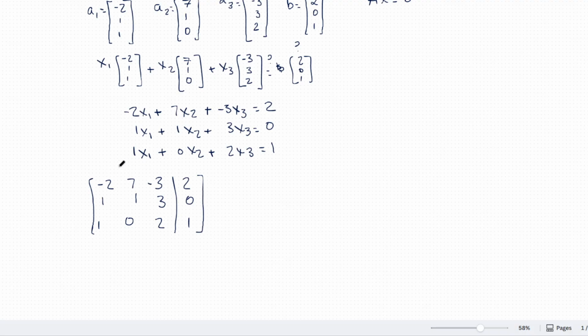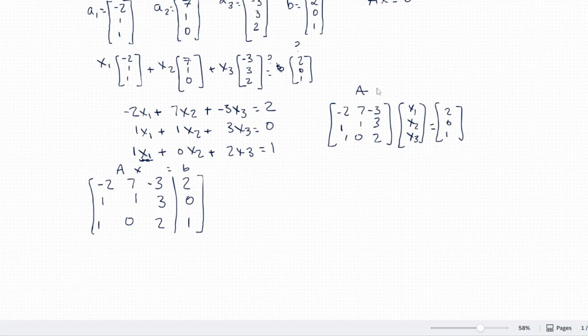So here's our matrix A times our variables of x, and then this will be b. So then we have -2, 7, -3, 1, 1, 3, 1, 0, 2 times x1, x2, x3 equals 2, 0, 1. So that's our form here.